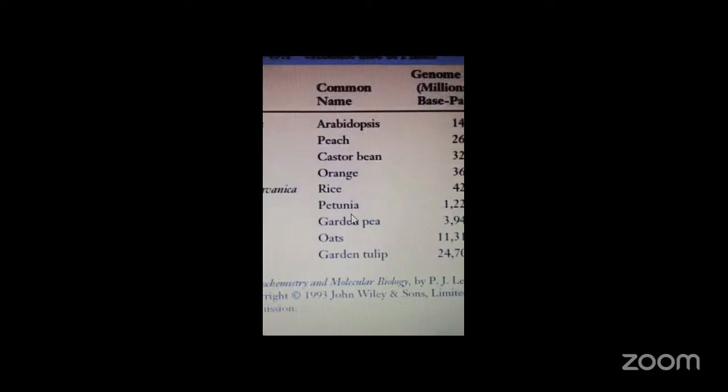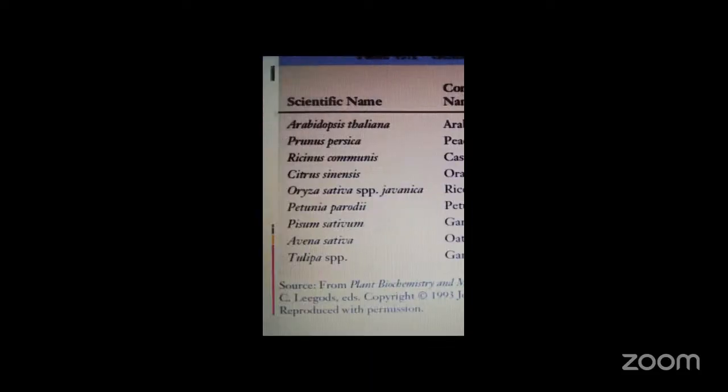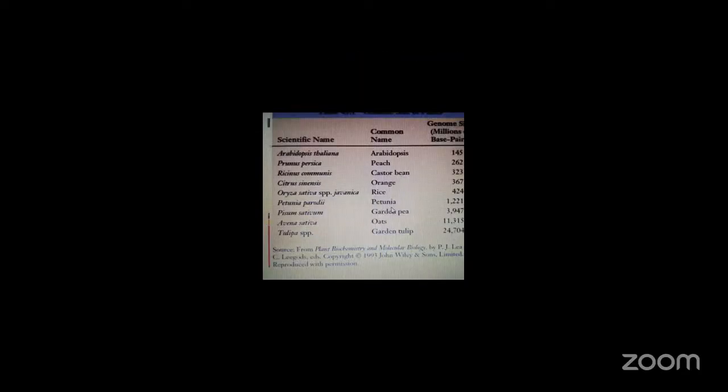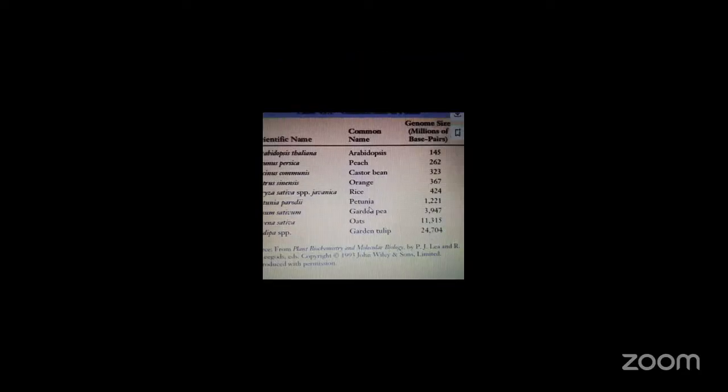Let me explain what happened here. Arabidopsis has around 145 million base pairs. Prunus has 262 million base pairs.